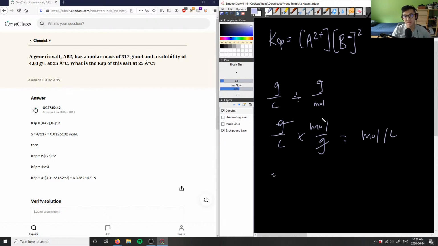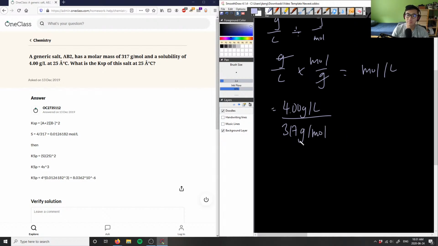Again, the reason I did this is because we're not specifically given a formula for solubility and molar mass. So we had to use this concept of dimensional analysis to figure out which units would cancel out to give us moles per liter. That's why I did this little side work here. So grams per liter, which is 4.00 grams per liter, we're going to divide that by 317 grams per mole.